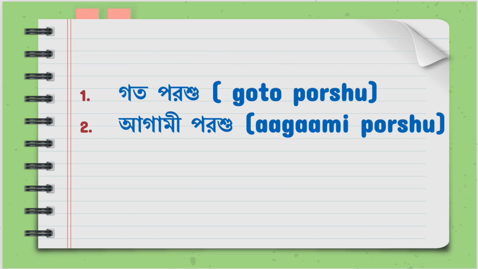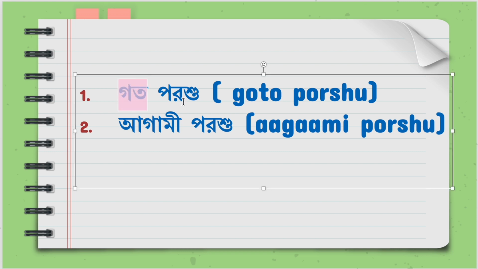If you just want to avoid any kind of confusion, and if you feel like, no, I must specify if I'm talking about the day before yesterday or the day after tomorrow, then you can add goto, and this goto porshu will mean the day before yesterday, because goto means past, and if you add agami, agami means in future.